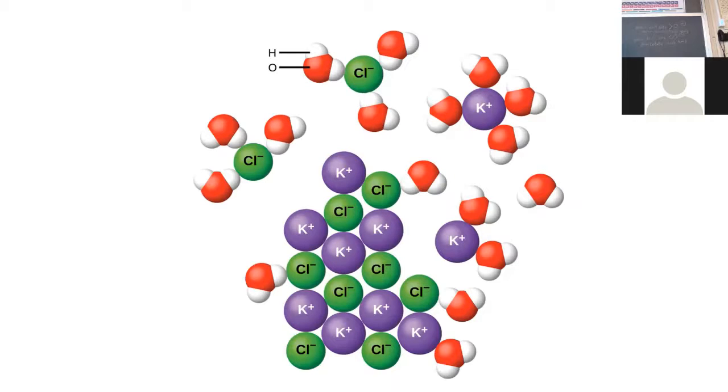And when the solute is either polar or ionic, we get an orientation of the water molecules to face the charge or partial charge of that particular particle. So we see that for the potassium, because it's positive, we have the red oxygens facing inwards, and then for the negative chlorine, we have the white, partially positive hydrogens pointing in.